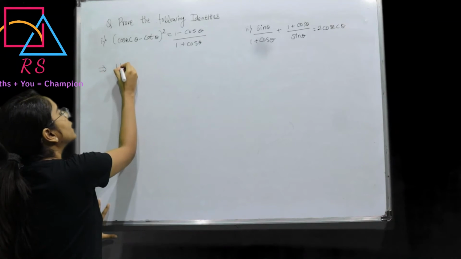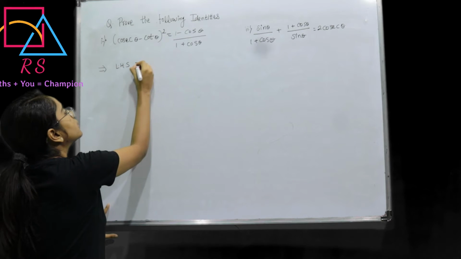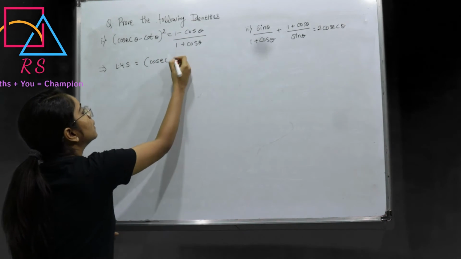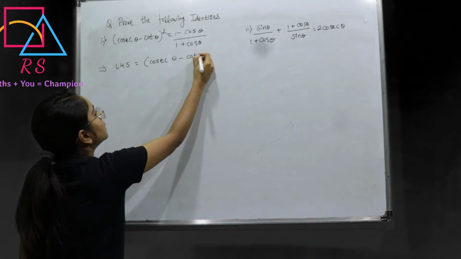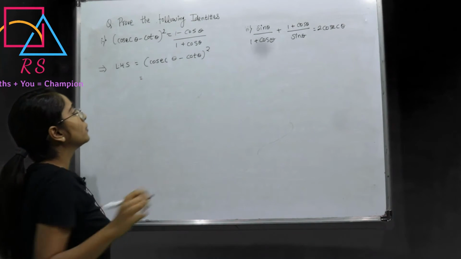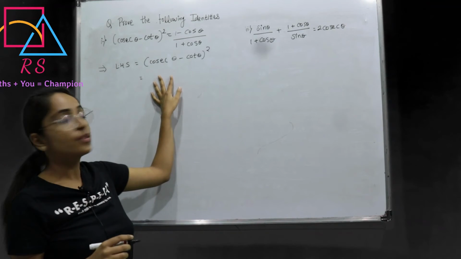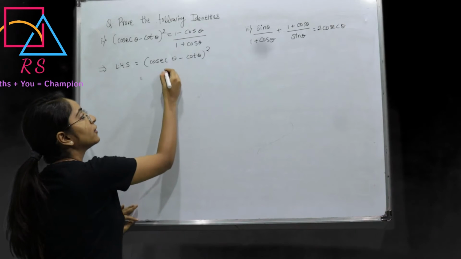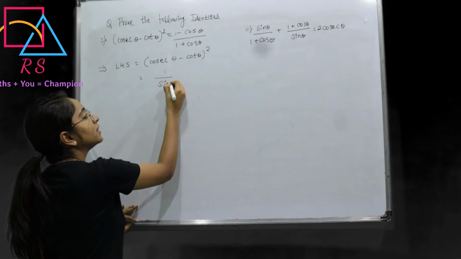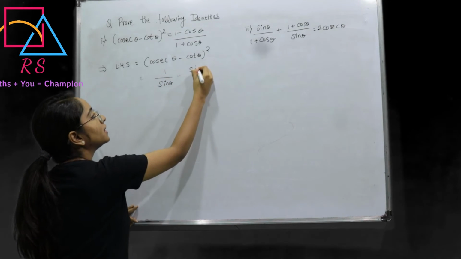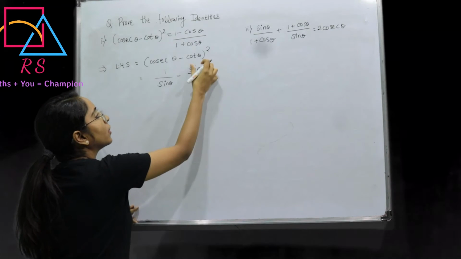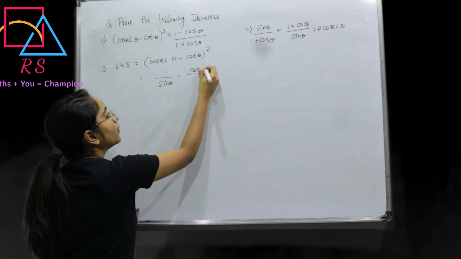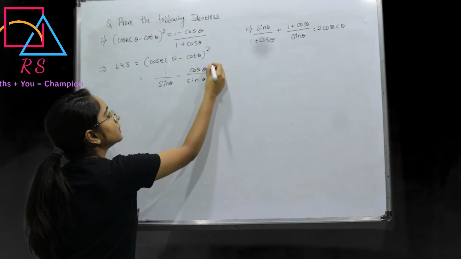I'll consider the left hand side, which is cosec theta minus cot theta whole square. As we know, cosec theta is 1 upon sin theta and cot theta is cos theta upon sin theta. I'll write the values: cosec theta is 1 upon sin theta, minus cot theta, which is cos theta upon sin theta.